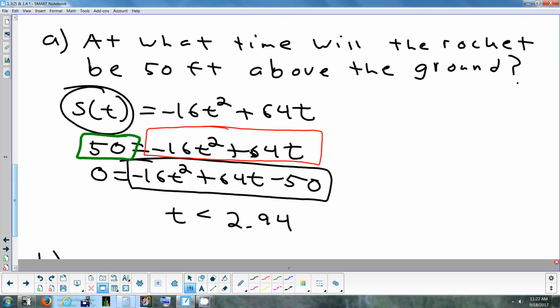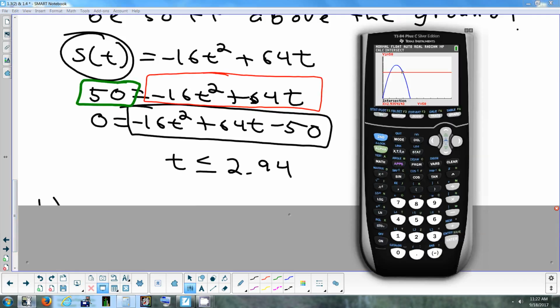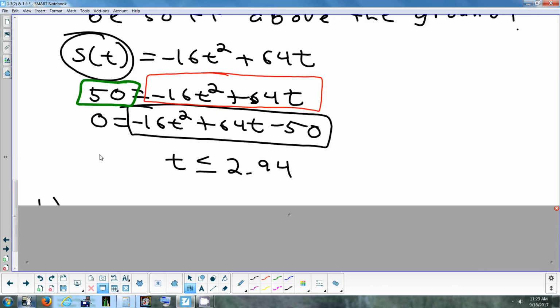All right. So the rocket will be 50 feet above the ground anytime between 2.94 seconds and, anybody get the other intersection? Yeah? It says 1.06. So any time between 1.06 and 2.94.